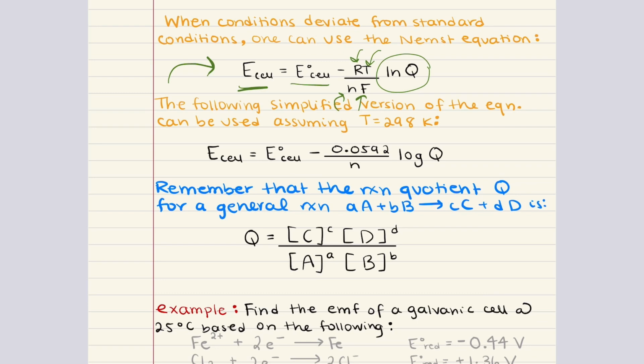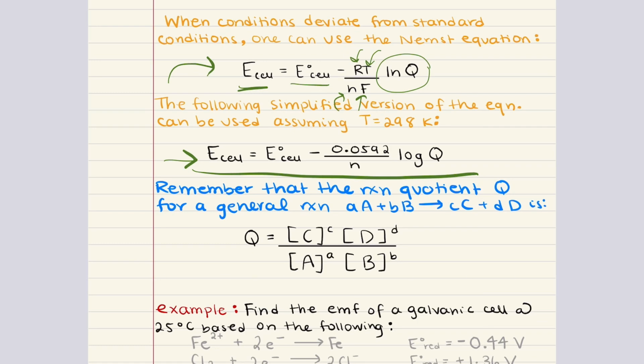Now, the following simplified version of the equation can also be used assuming T, temperature, is equal to 298 Kelvin. So this is a version of that equation when the temperature is equal to 298 Kelvin. The simplified version essentially brings together R, the ideal gas constant, T, which we're assuming is 298 Kelvin to get this simplification, and F, Faraday's constant, and we convert the natural logarithm to the base 10 logarithm to make calculations easier.